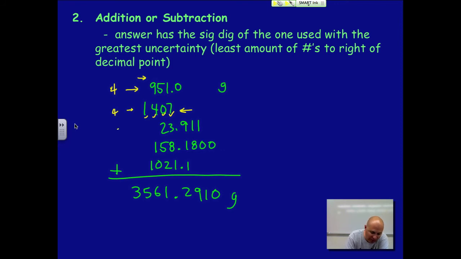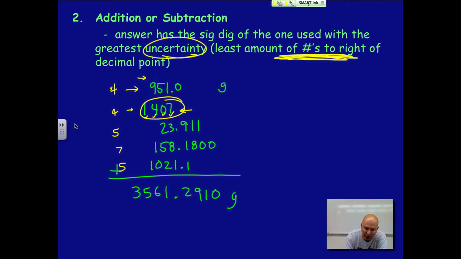Here there are 5, here there are 7, and here there are also 5. If I was multiplying or dividing, very simple, I would have 4 significant digits. In addition and subtraction, we want to know what has the greatest uncertainty. The greatest uncertainty is the least amount to the right. Well, that's this number right here.